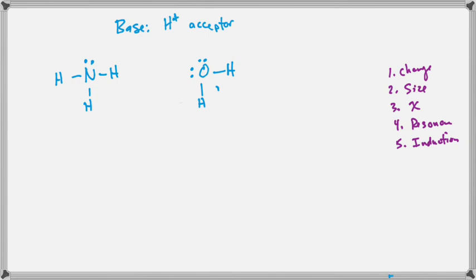Let's go to our next step in the process, which is exactly what several people said: with the acid, we looked at the conjugate base, so what should we do when we look at the base? Let's go through and look at the conjugate acid.